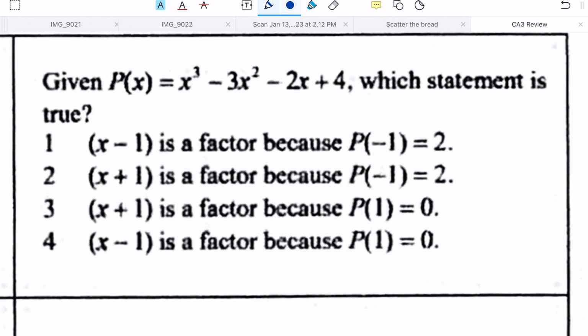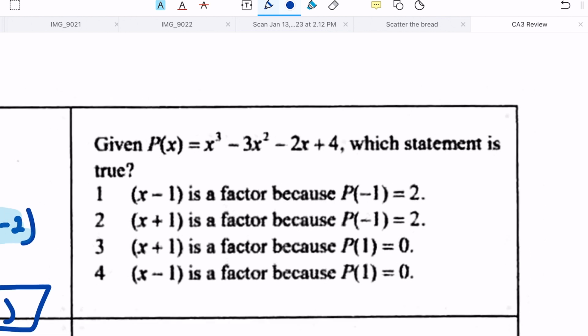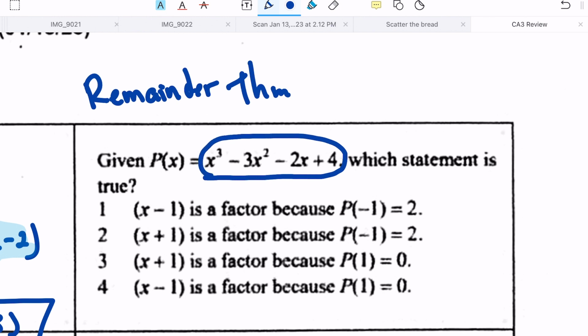It was x cubed minus 3x squared minus 3x squared plus 4. Which statement is true? So if you guys recall from the remainder theorem, the remainder theorem says that if we take a factor and we substitute into the actual polynomial, if it equals 0, it's a factor.